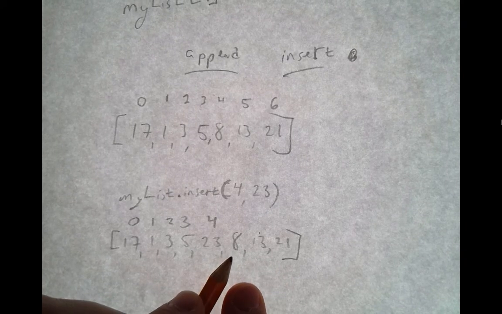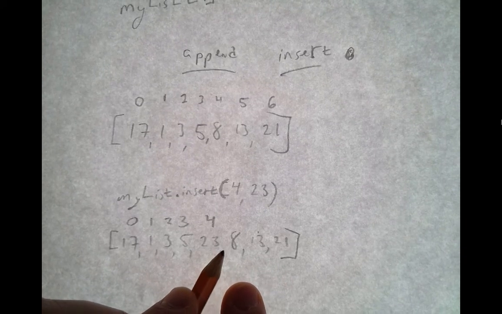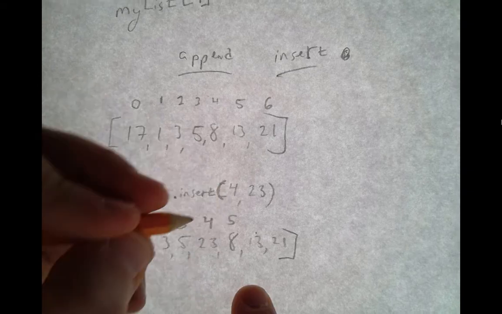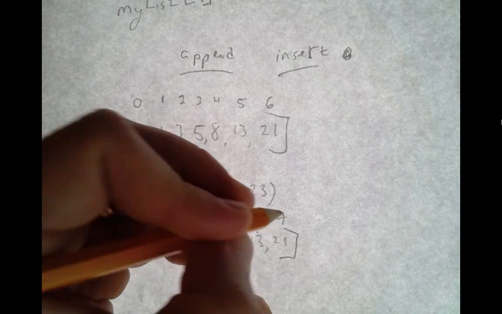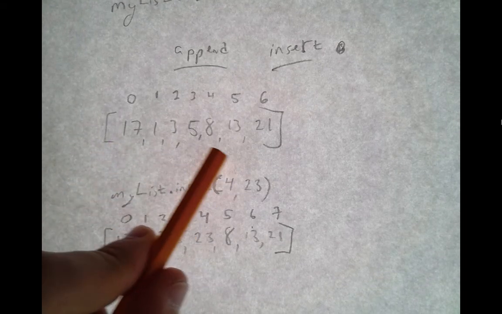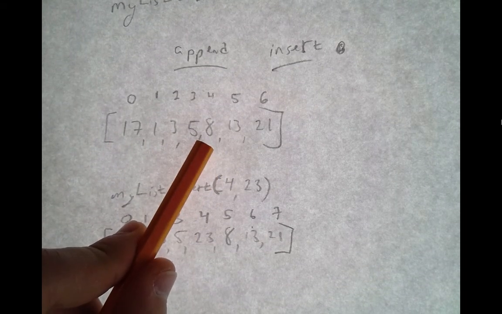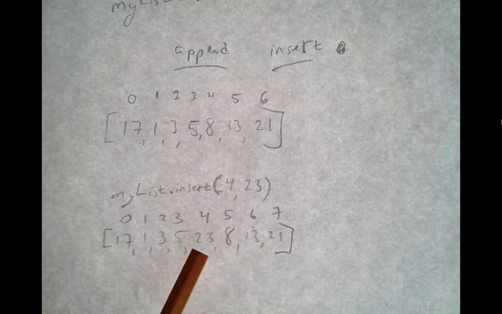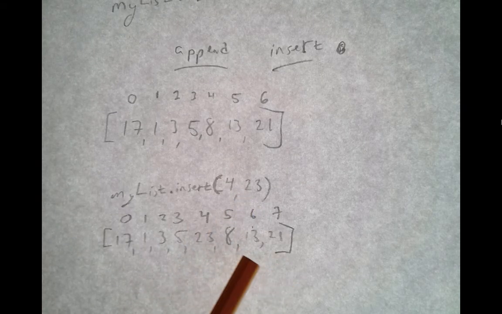So it's not deleting 8. It's just saying, oh, now 8 gets pushed to index 5, 13 to index 6, and 21 to index 7. So this is what insert does. It finds the index that you want to insert at, and it puts that value into that index, pushes everything to the right of it up one index. That is what insert does.